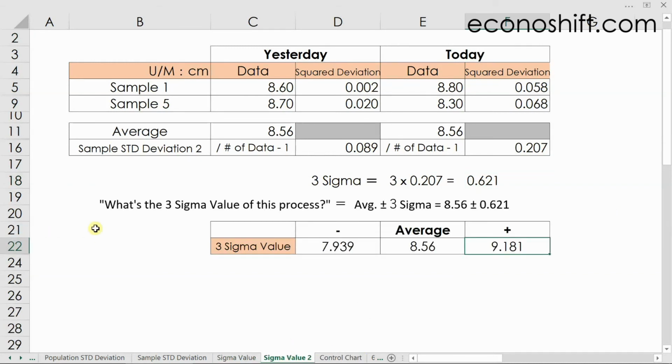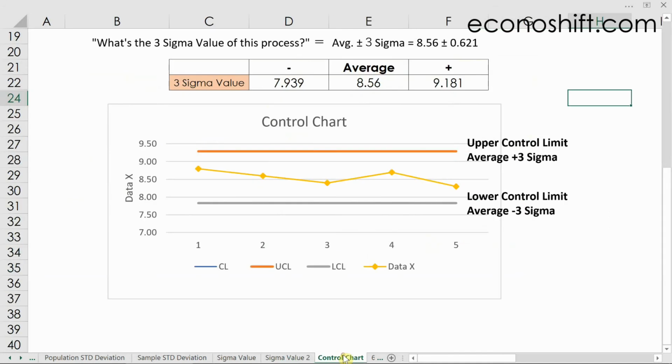But when asked what the 3 sigma value of this process is, it's the average plus minus 3 sigma equals 8.56 plus minus 0.621, which is between 7.939 and 9.181. This is generally used as the upper and lower control limits when writing a control chart.